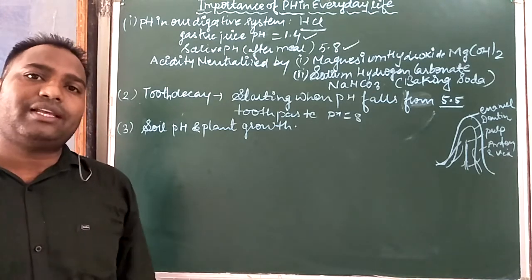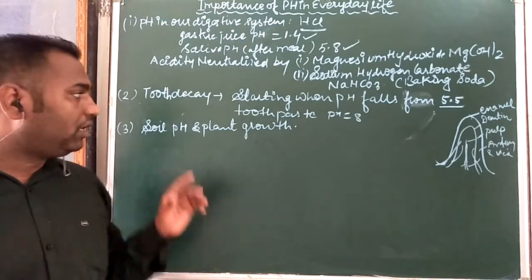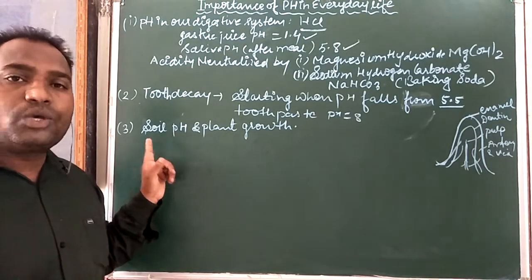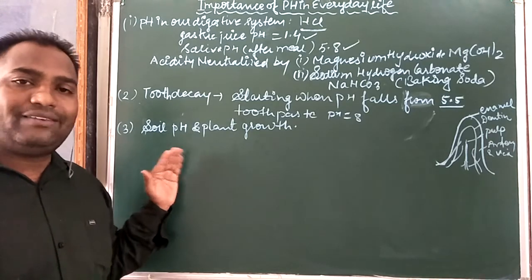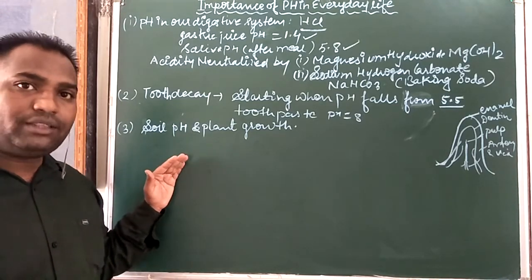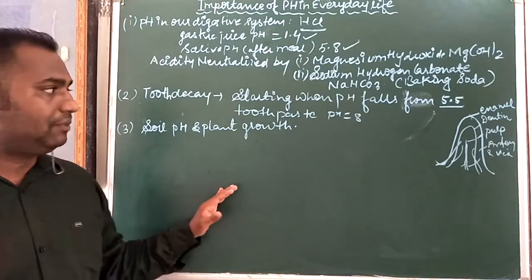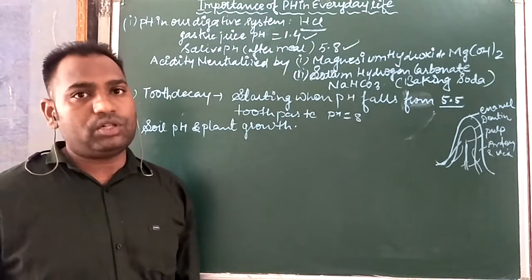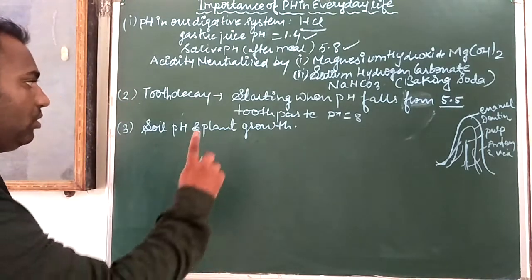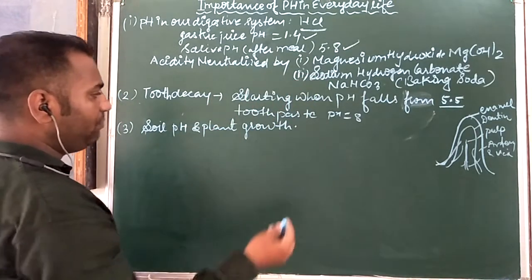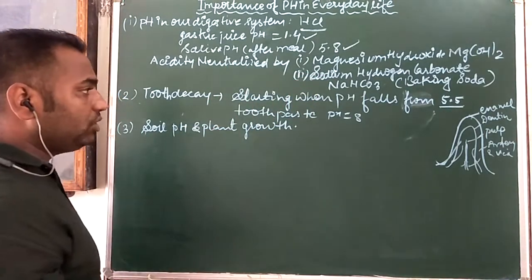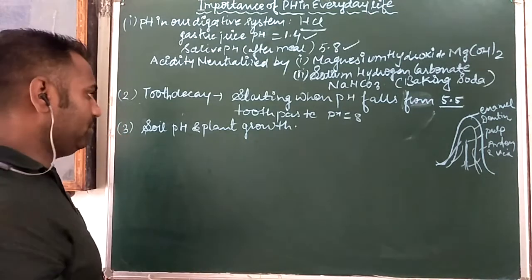So different crop yields depend on the soil pH. Different levels of soil pH are directly linked with the productivity of agriculture, and plant growth also depends on soil pH. So what is the soil pH and what is the plant growth related to different pH values?